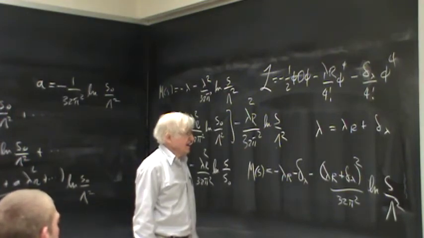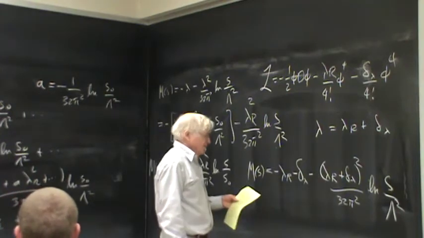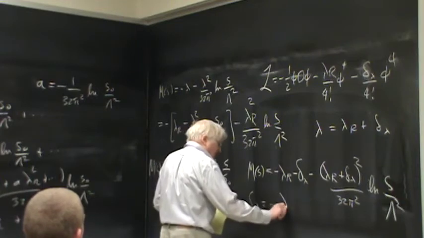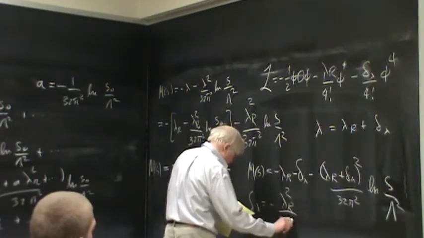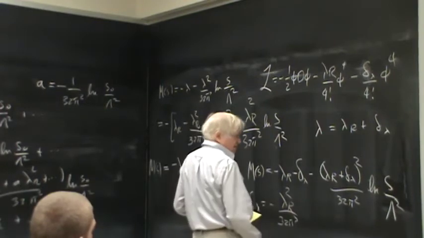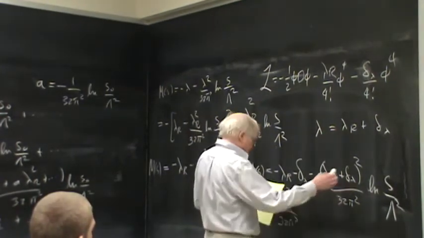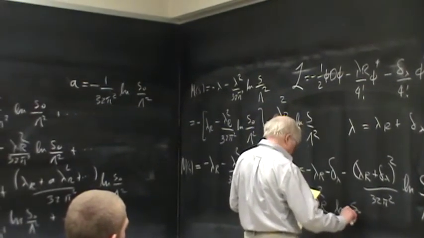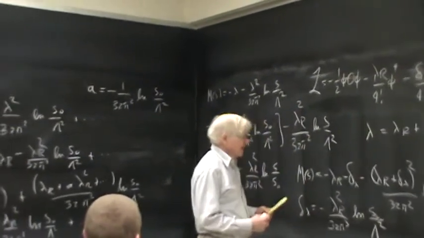So that's what we would have literally. So what we do is we're going to set delta lambda equal to minus lambda r squared over 32 pi squared. But we can't, of course, set something that's a constant equal to something that's a function of s. So we're going to set this equal to log of s0 over lambda squared.